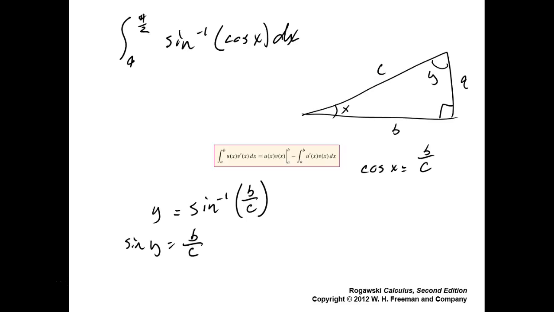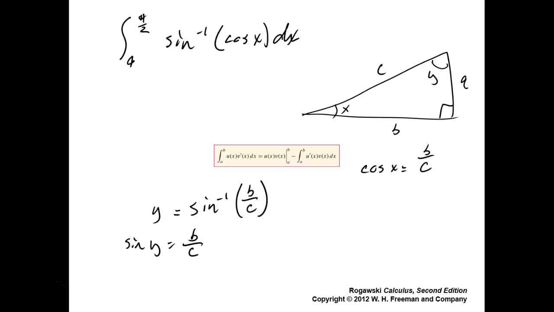Now how is that y related to your x? If you have a right triangle, this is x. Those are complementary angles.